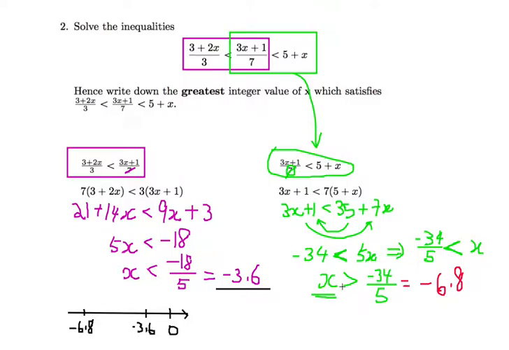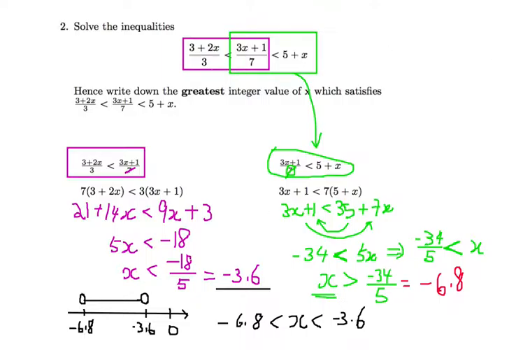So what they're looking for is x is bigger than minus 6.8, and then you end here because x is smaller than minus 3.6, so it's like that. So this will tell you that x is between minus 6.8 and minus 3.6. Okay, so that's the answer.